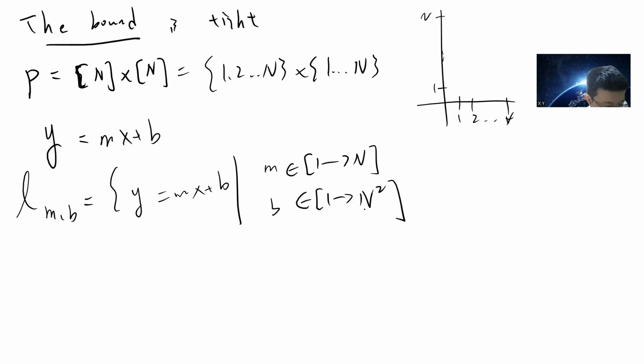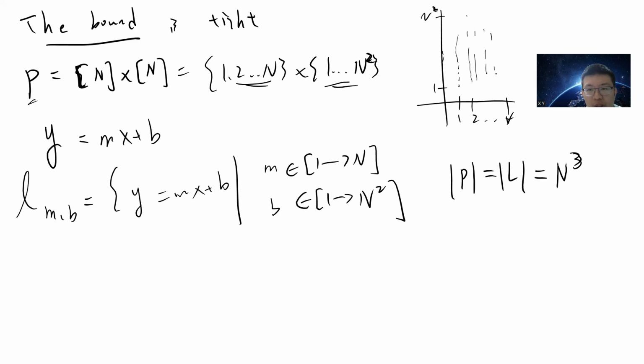Okay. And then you can see that P and L is basically n cubed, right? Sorry, this is n squared. Okay, so your number of points is n cubed, right? L is n cubed.